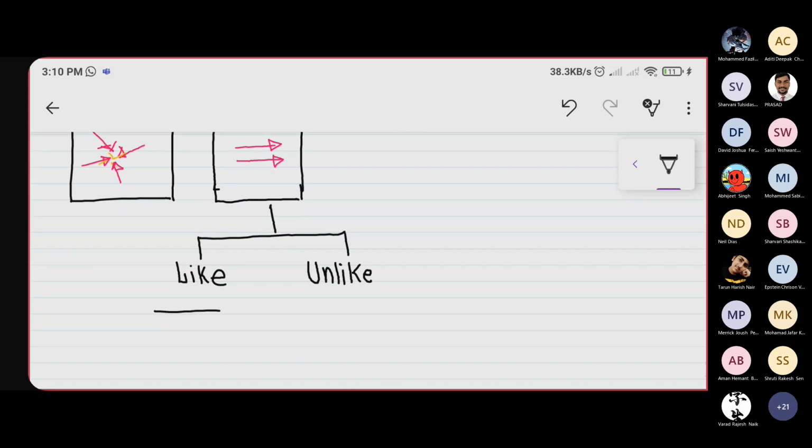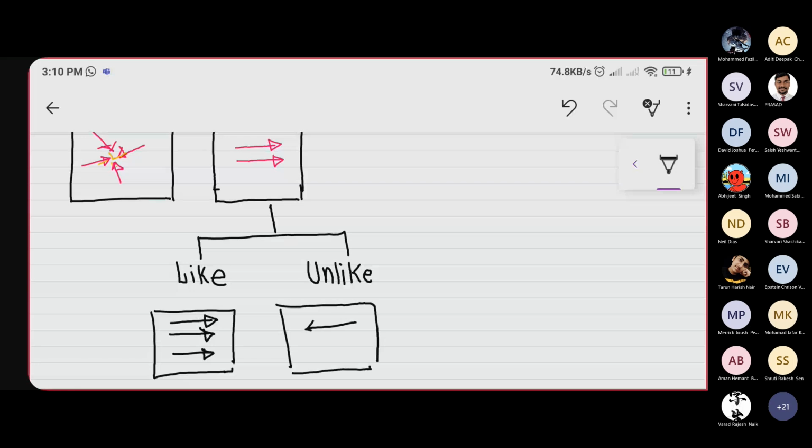So like means what? I'll show you. Like means both forces, if I consider only two forces or three forces, all three forces are in the same direction. And what is meant by unlike? Unlike means they are parallel, but their direction is not the same.